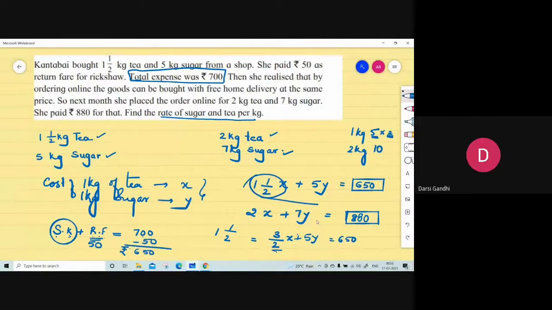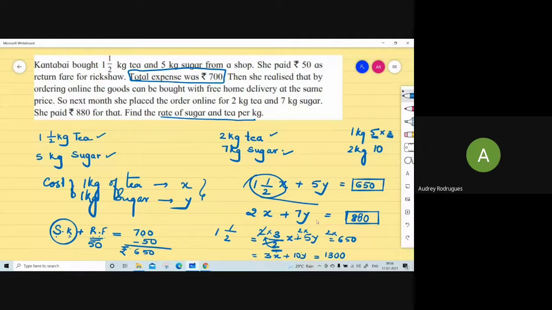Again, you have to remove the 2. So we will write 3X plus 10Y is equal to 1300. Because we multiply by 2 everywhere, so this 2 will get cancelled.